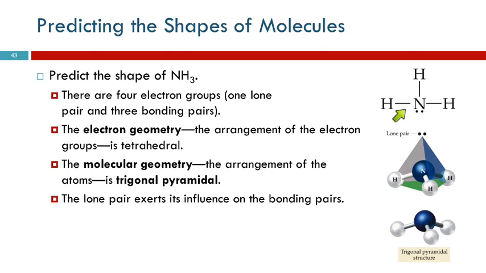So we have 4 electron groups. 4 electron groups make a tetrahedron. But this time, one of the corners isn't an atom, it's that lone pair. The way I think of it is, you could think of this as being balloons, which, if I'd had my head on straight, I would have had balloons today, and we'd be blowing up balloons and tying them together with string, but I forgot.